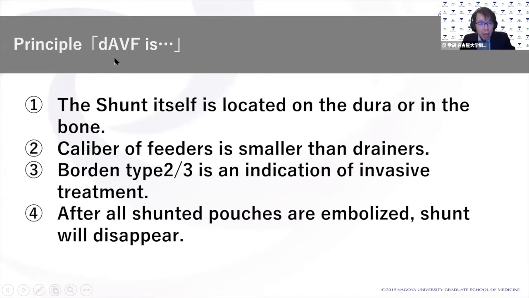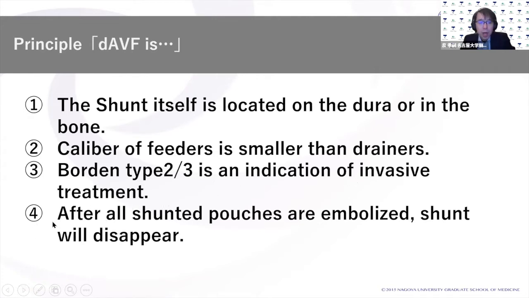Dural AVF is when the shunt itself is located on the dura or in the bone. Second, the caliber of feeders is smaller than the drainers near the shunted point. Third, Borden type 2 or 3 is an indication for invasive treatment.